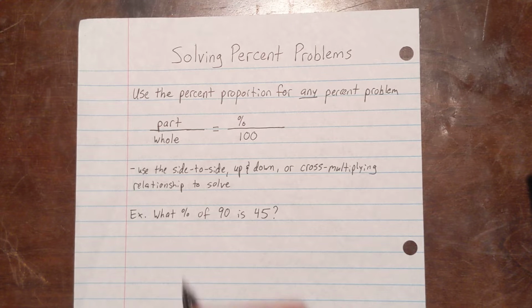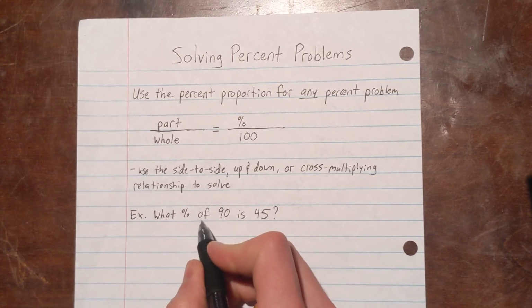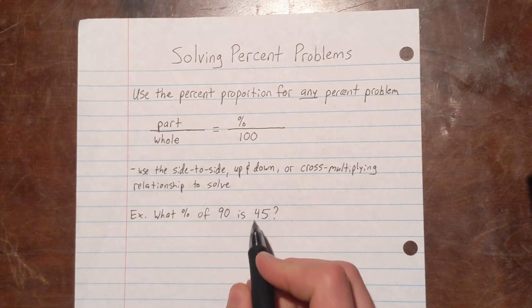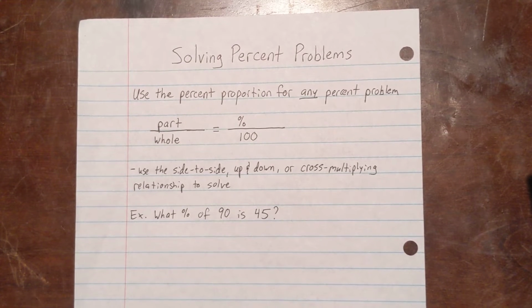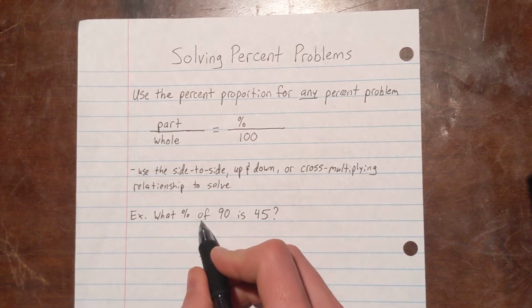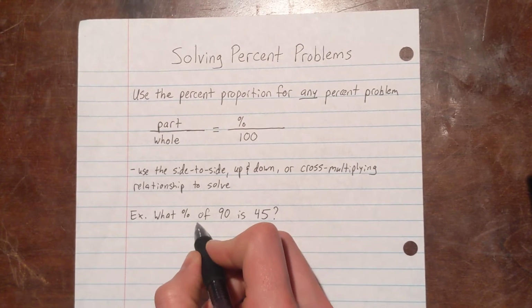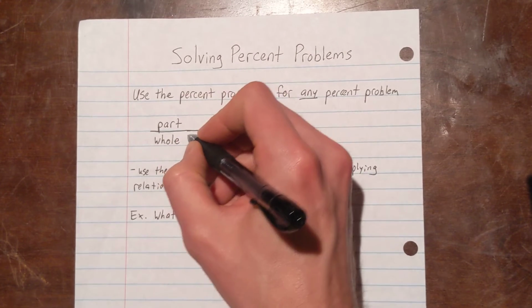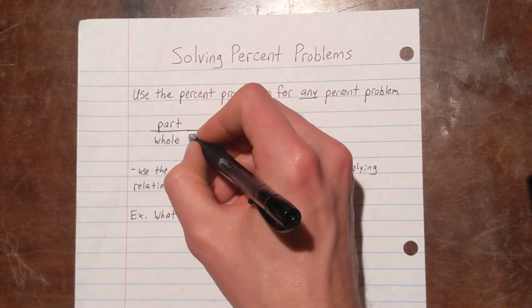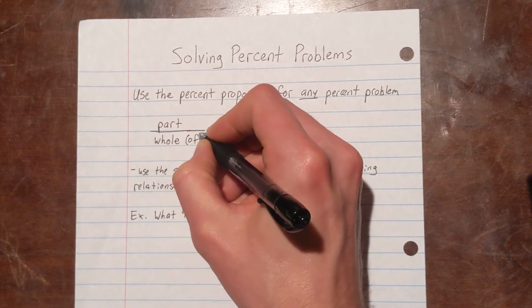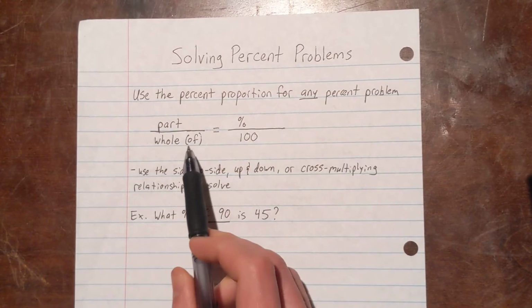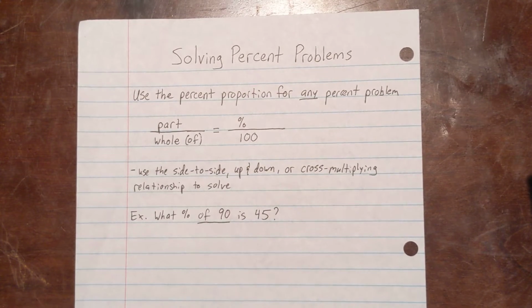And the words are is and of. Now, anytime you're looking at percent problems, we're typically going to find the word of right before the whole, of 90. So we're going to write right up here, whole. We're going to look for the word of in order to identify the whole number in the problem.